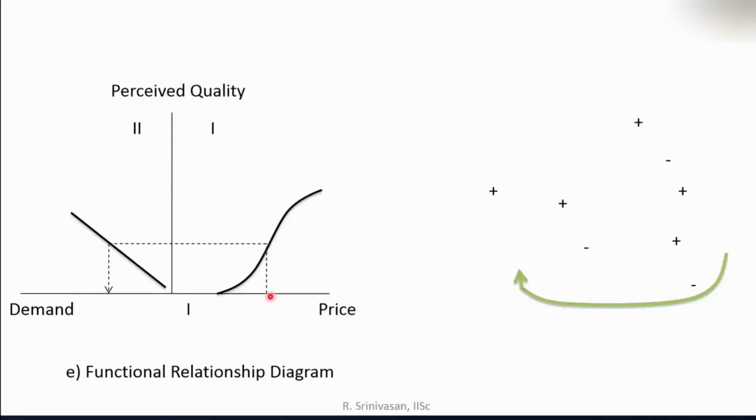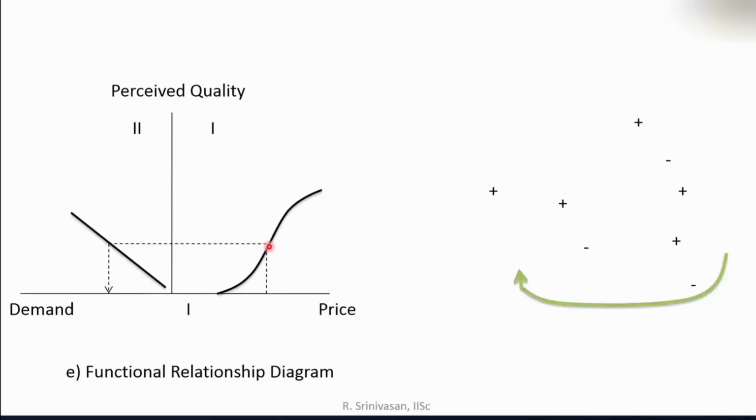Now you have to match this quality, price and the demand. If you see this, these are the levels at which you can put your price, you can put your demand. So with respect to this quality, demand will be here, the price will be here, and at these two levels, the perceived quality is at this level.